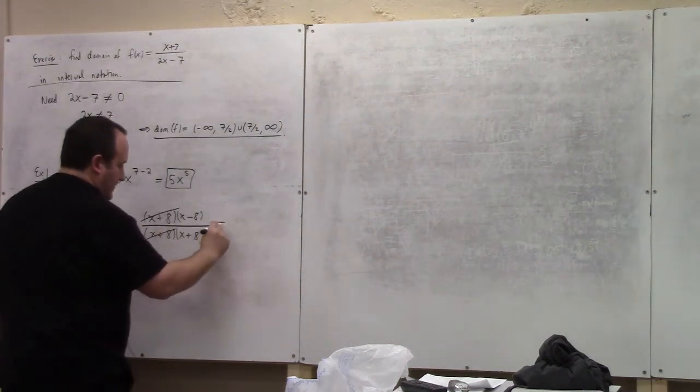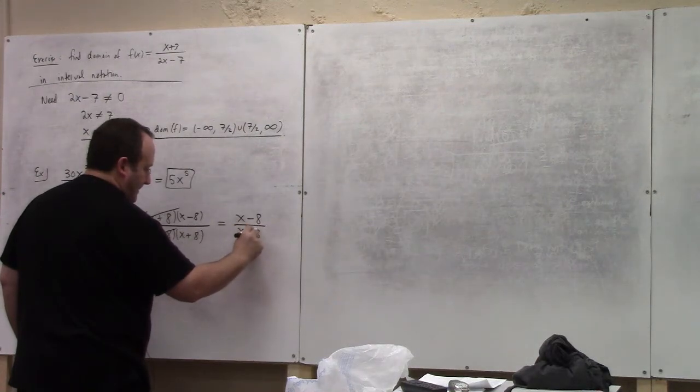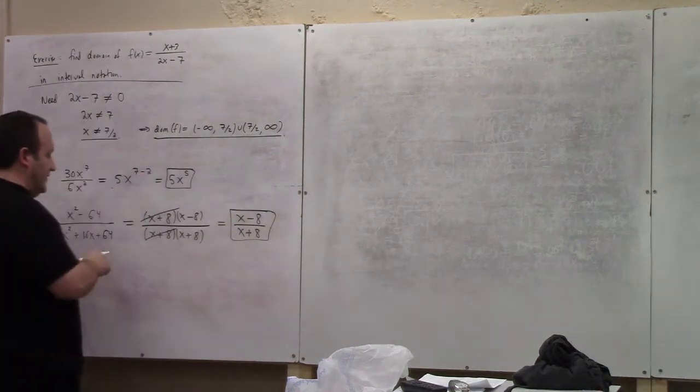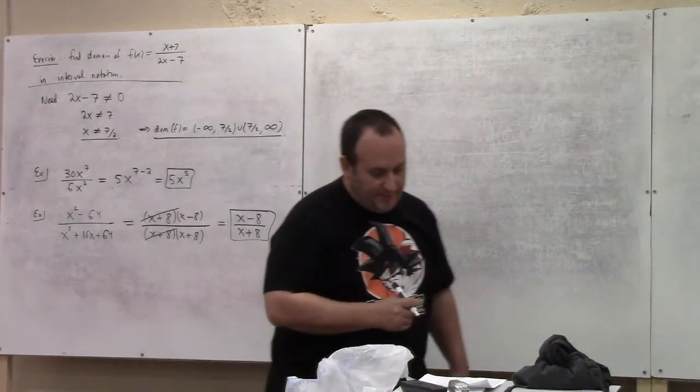And we're just left with x minus 8 over x plus 8. And there you go. So I might make the instructions something like simplify by factoring the denominator and the numerator, and cancel out any common factors. I might put that as instructions if I wanted to guide you guys in the right direction.